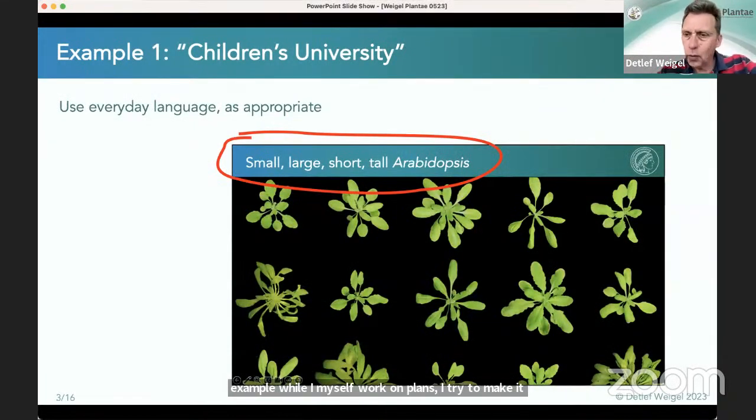It starts with not shying away from using everyday language as appropriate. So I present diversity of Arabidopsis, but instead of saying phenotypic diversity, I just point out that some are small, some are large, others are short, others are tall.